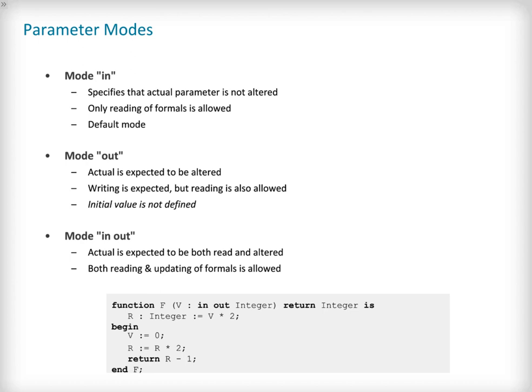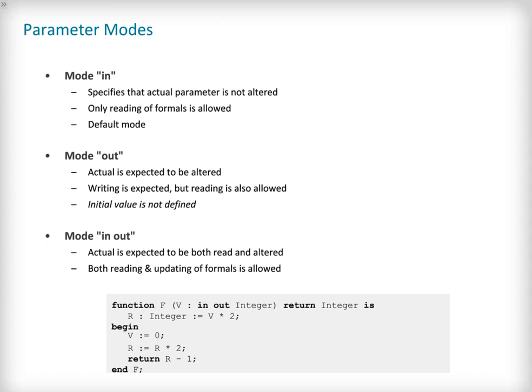How is it going to be manipulated by the subprogram? Is this just an input? Is this an output? Or is this some kind of variable parameter, an input-output that we want to modify within the subprogram and propagate the modification to the calling context?